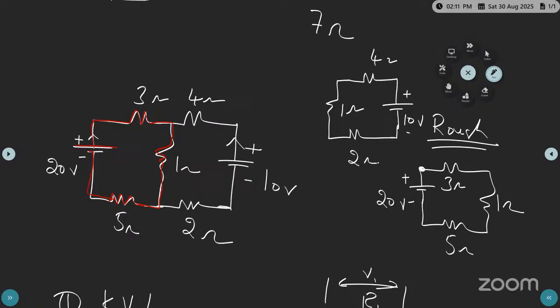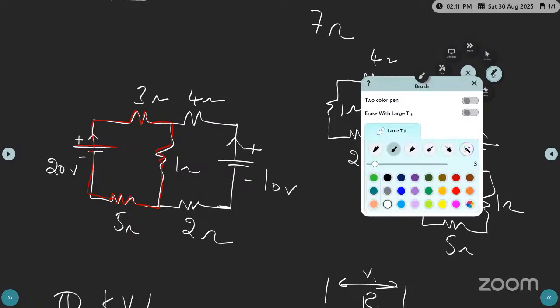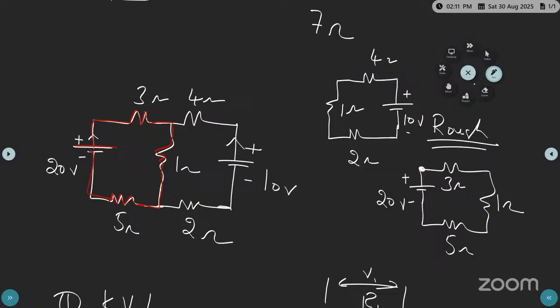Loop 2 is this one. Where I start, I travel in a clockwise direction and end at the same point. So the red one is loop 1, the blue one is loop 2.